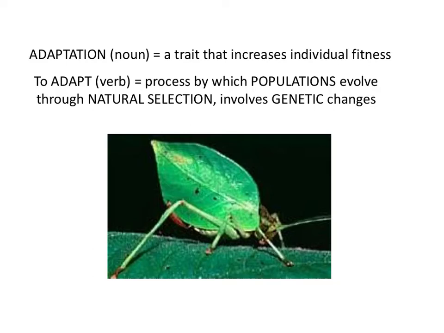Here we see an insect that has a body pattern that makes it look just like the leaves that it is sitting on, so it's extremely well camouflaged. That's an adaptation that helps that insect survive and therefore reproduce in this environment.